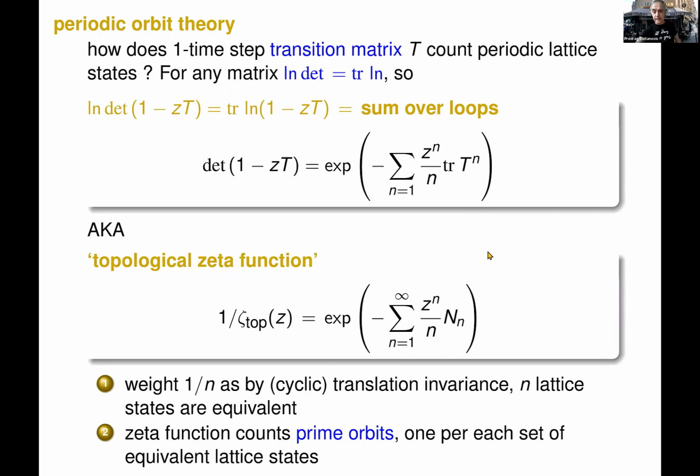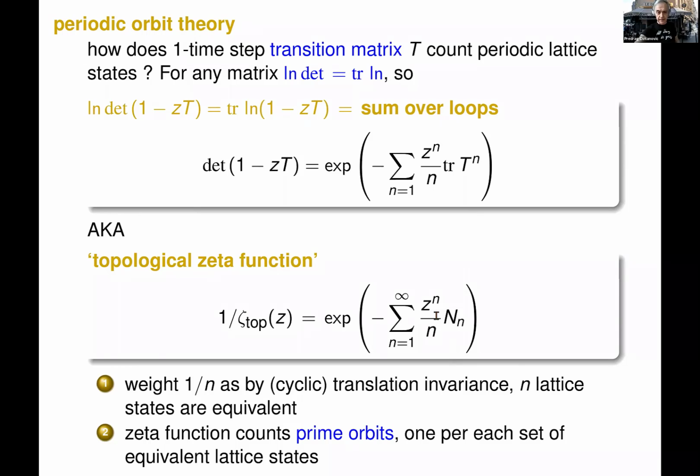These traces, you can understand them as the number of periodic solutions. And that's called a topological zeta function. It just counts numbers of solutions. It has 1/n because they're all cyclically invariant. If you have one solution, you can translate it around the ring n times.